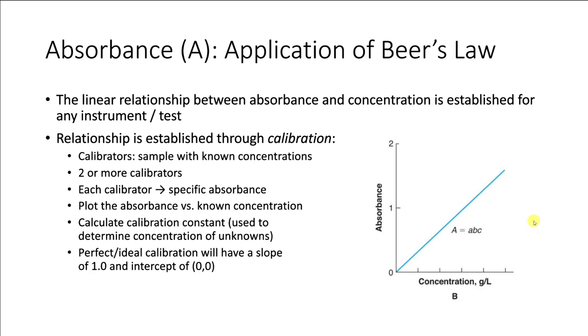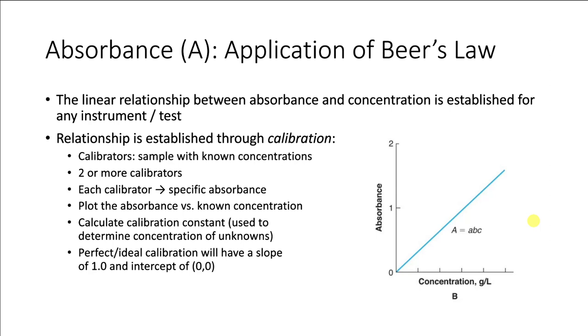But this isn't a relationship that's true across every single reagent, analyte, or instrument. We have to establish this relationship first in order to be able to calculate concentration. I can't just pick a calibration curve that measures for sodium and apply that to potassium.